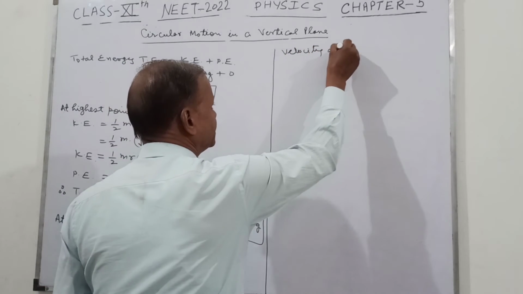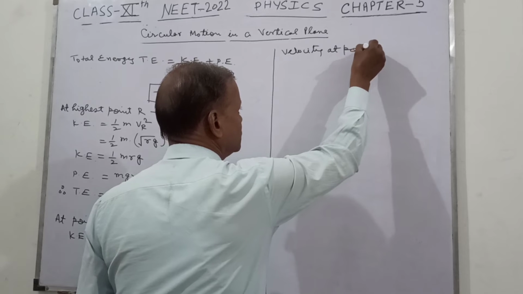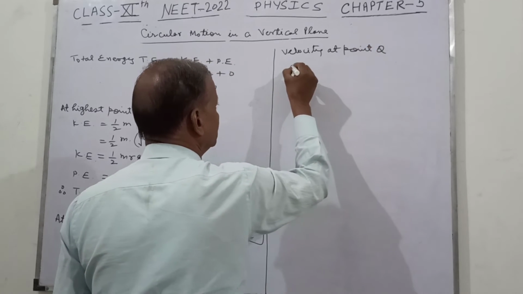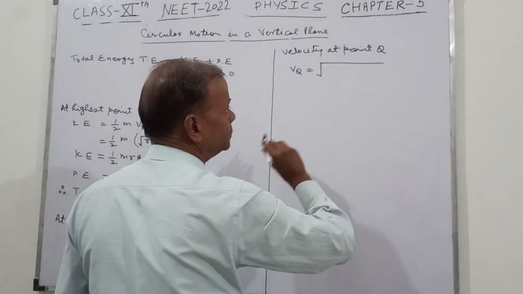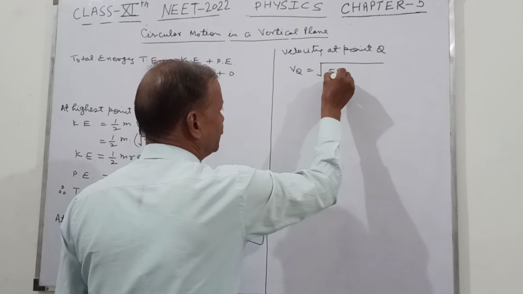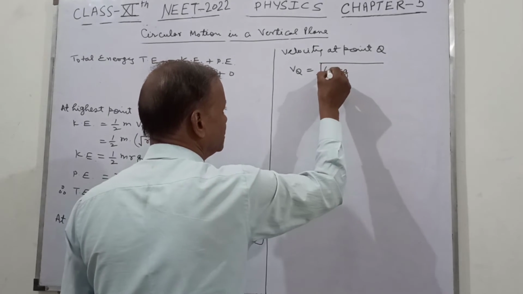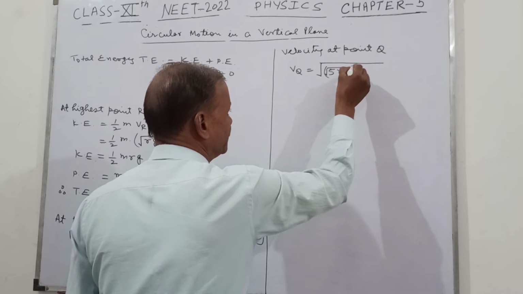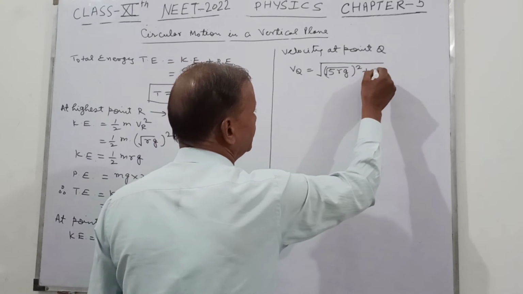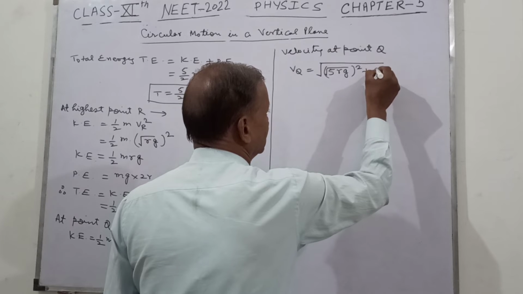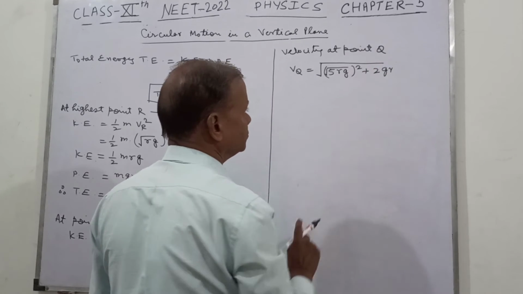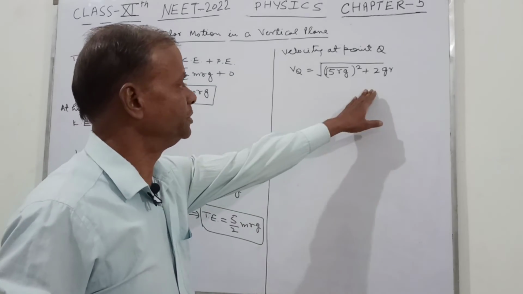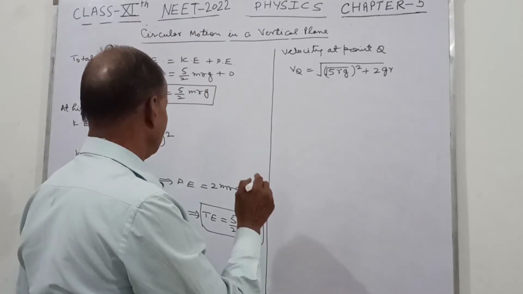Velocity at point Q. This v_Q is equal to square root of how much? This is now square root of (5Rg) whole square, plus 2gR.